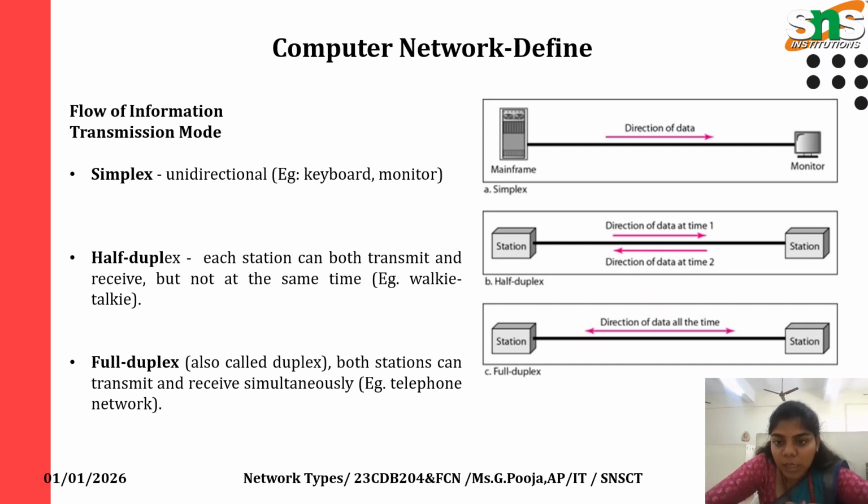Say at 5 o'clock station 1 is sending information, then at 10 o'clock station 2 will be sending information. It is also in one direction at a time. When we come to full duplex, both stations send data simultaneously. Simultaneously in the sense that both can send and receive the data at the same time.